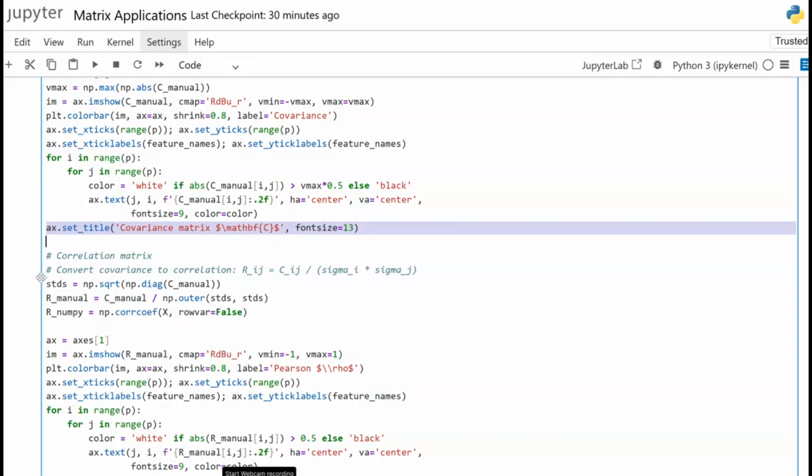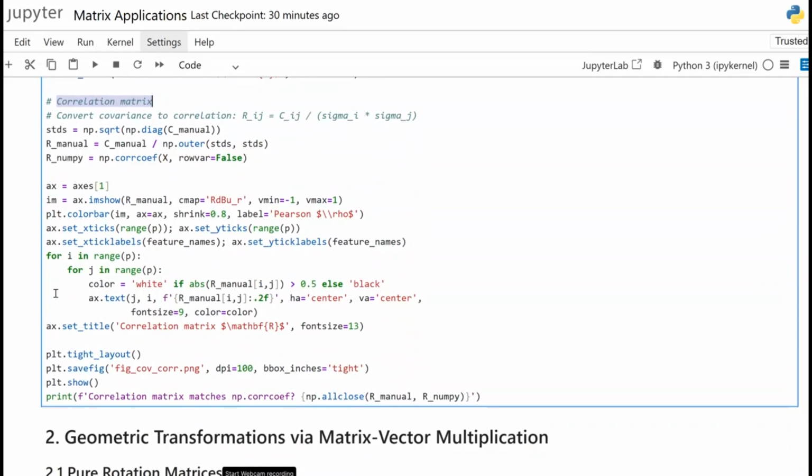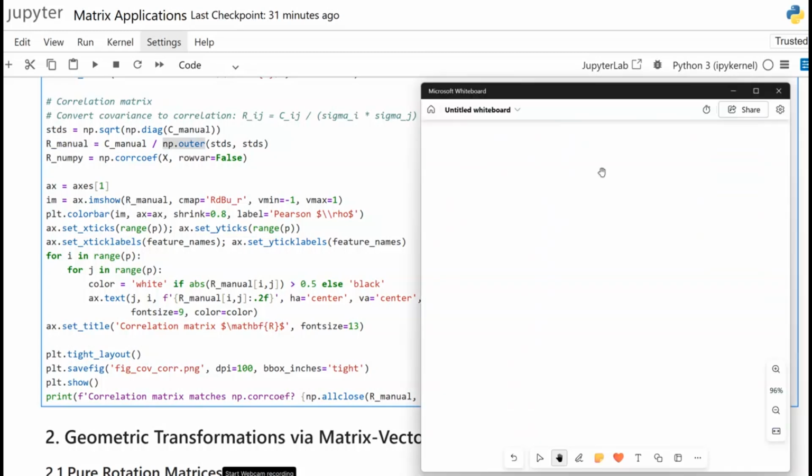Okay, we are moving on to the correlation matrix. Kindly observe, dear friends, here we have defined the standard deviations. I defined this R manual, a matrix of all pairs of sigma i, sigma j. Let me specify it using an equation.